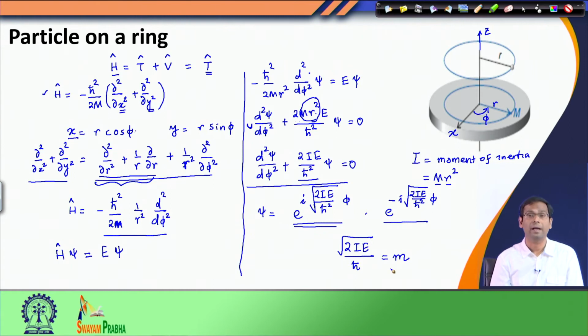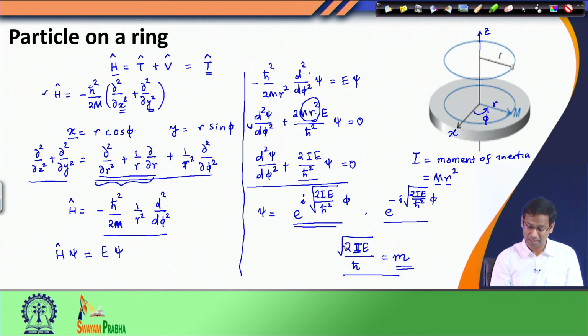I call it m. I still do not know what this m is, but this m depends on the moment of inertia, which depends on the mass of the particle, the radius of the ring around which the particle is going, h bar, and the energy of the system that would come out of the solution.